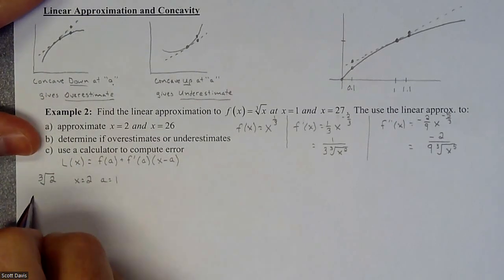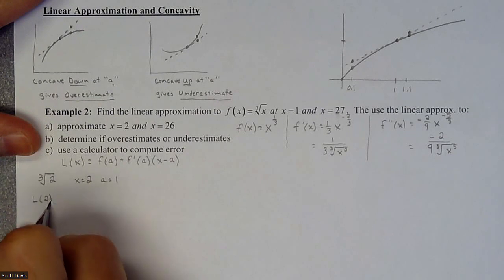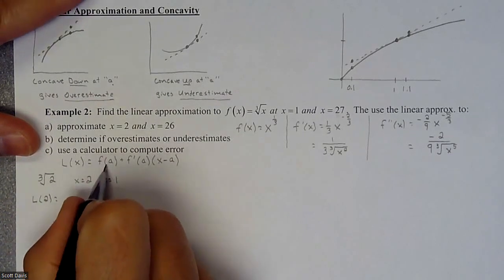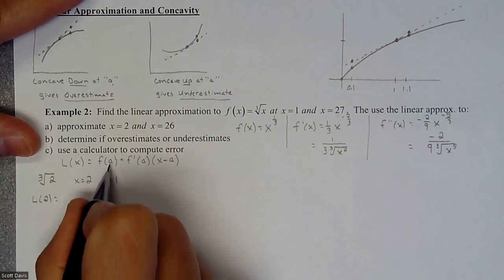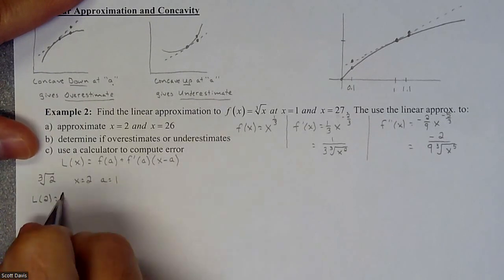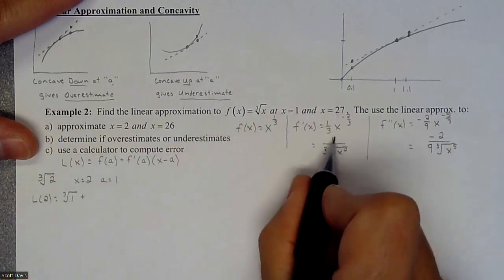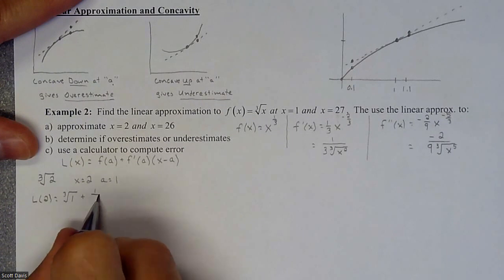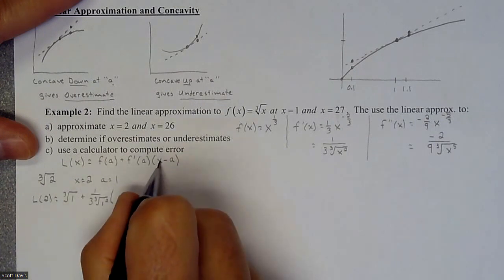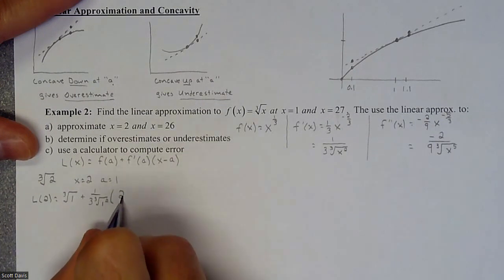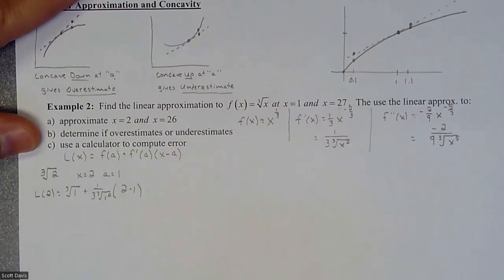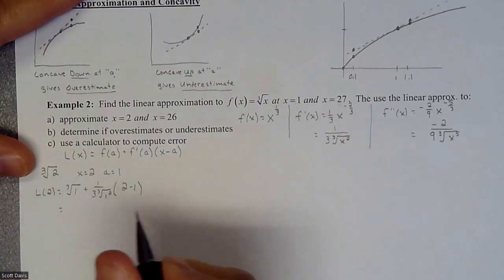So my linear approximation at 2 is going to be the y value of our clean value. So if I cube root 1, and then I will be adding the slope at 1, which is this right here. So 1/3 times the cube root of 1 squared times our value that we're looking for minus our nice value. So this is going to get us an approximation.